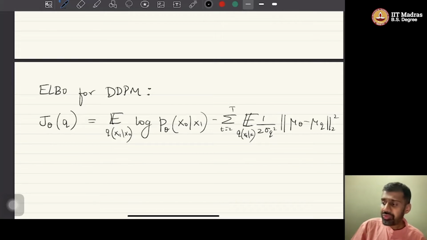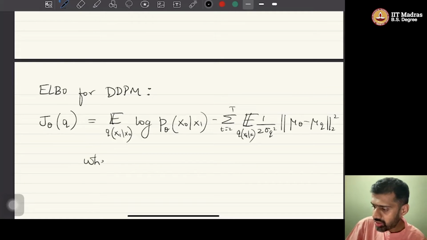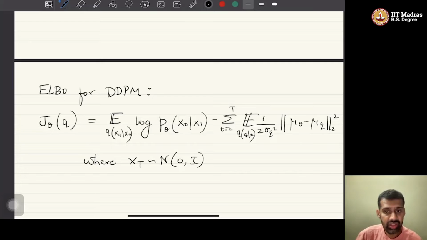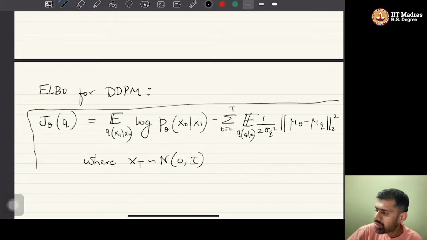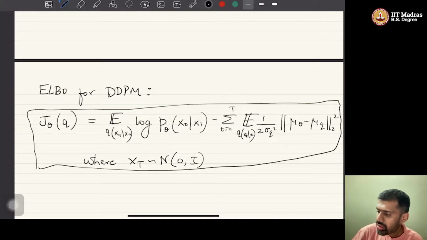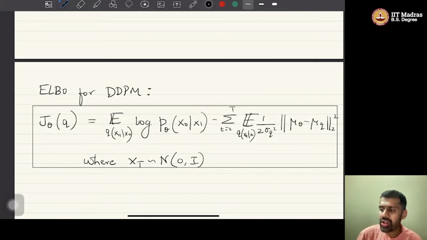This is the final ELBO that we need to optimize. Here xt comes from normal 0 1, because this is the stationary distribution of the forward Markov chain that we have. So this is the final expression for the evidence lower bound for a DDPM.